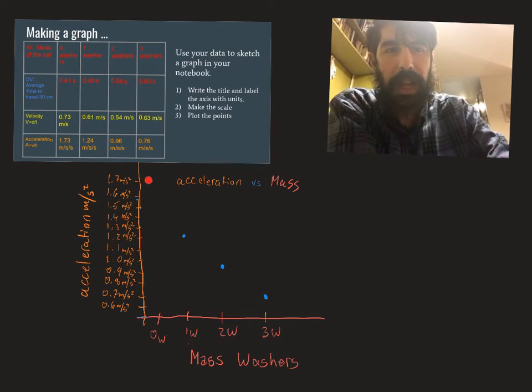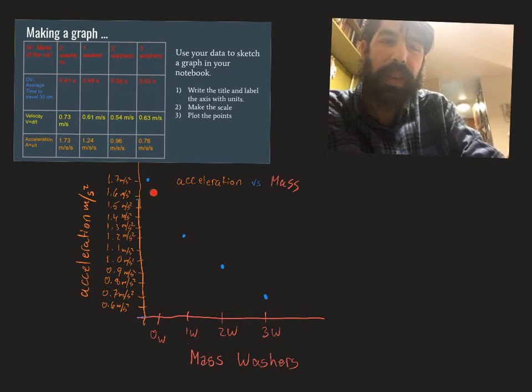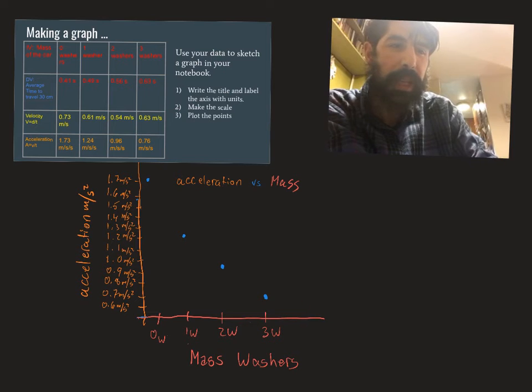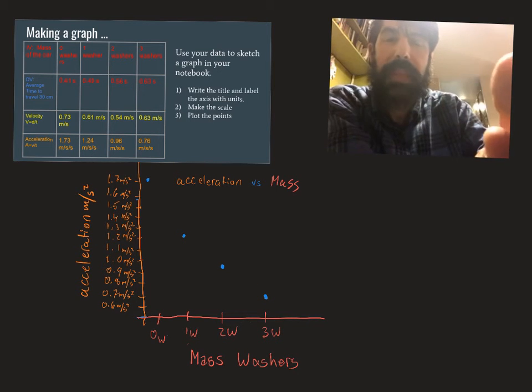And if I look at these dots, I can see that they're following a nice pattern. I can almost predict where the next dot in the pattern is going to be. I can certainly predict that as I keep increasing the weight on the car, the acceleration drops quite a bit. And that's how I would interpret this graph.